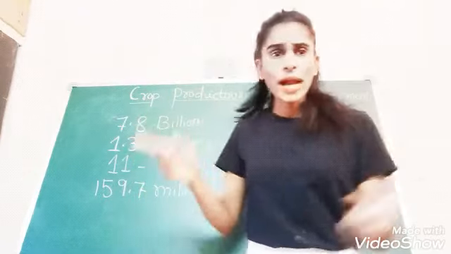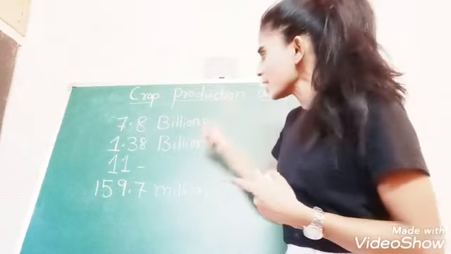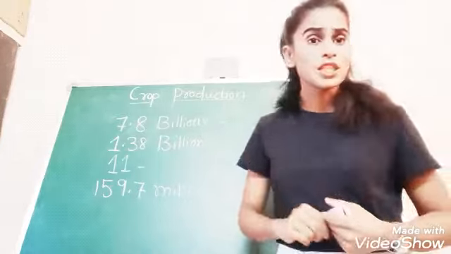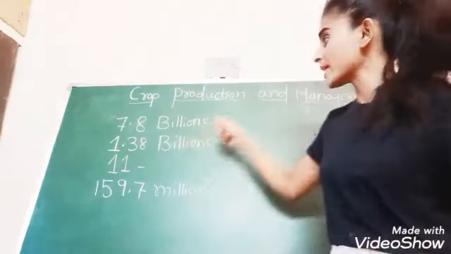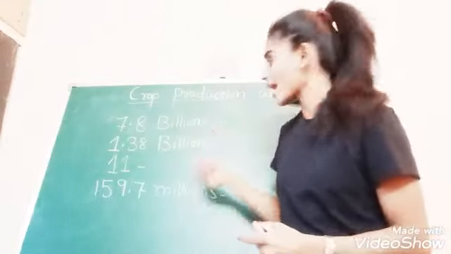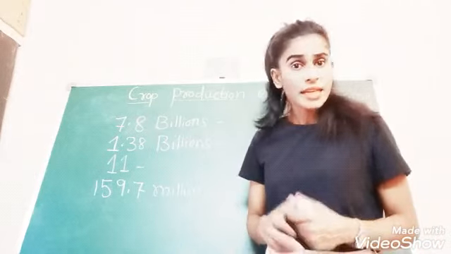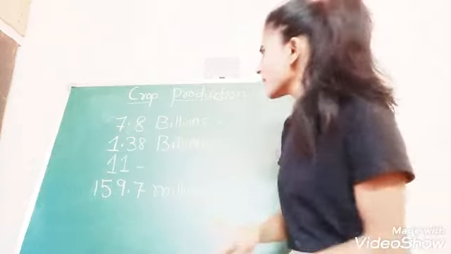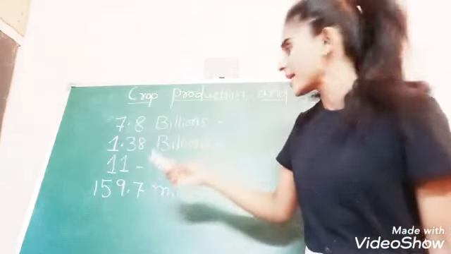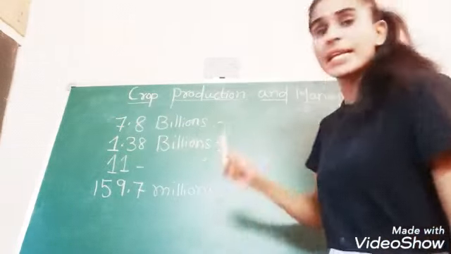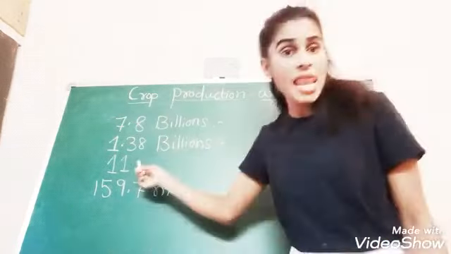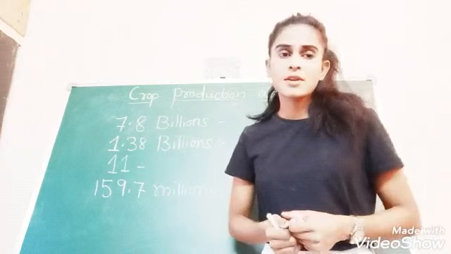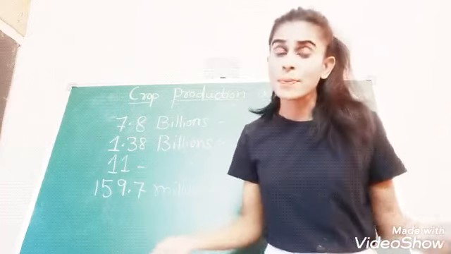Just look at that board and see the numericals I have written on the board. Can you see the numbers? What do these numbers, the 7.8 billions, 1.38 billions, 11 and 159.7 millions, represent?